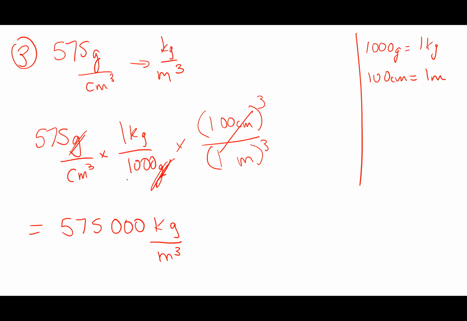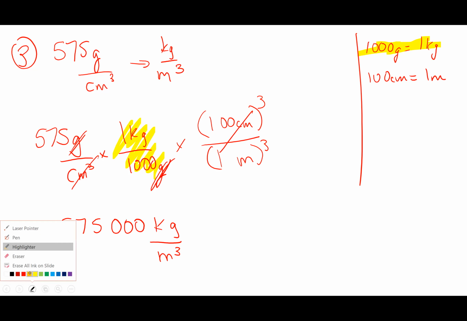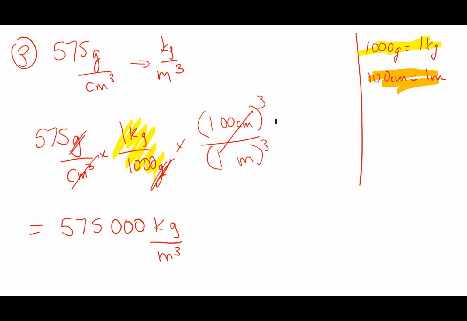The centimeters cubed will cancel. And using the highlighter like I did last time, this conversion factor is here. I put the grams on the bottom so that the grams cancel. And this conversion factor is here. Putting the centimeters on top this time so that they cancel with the original question.